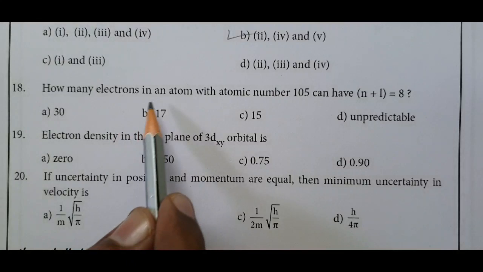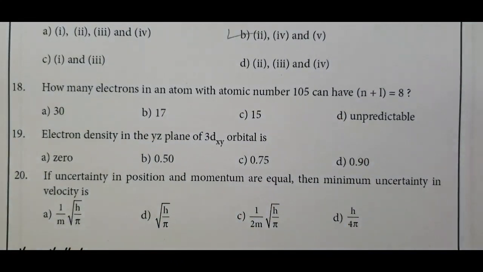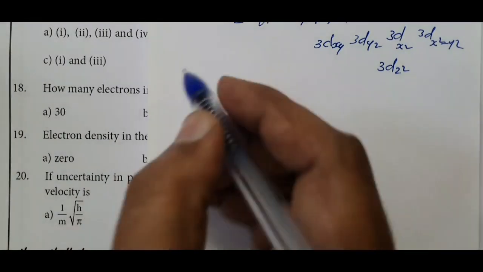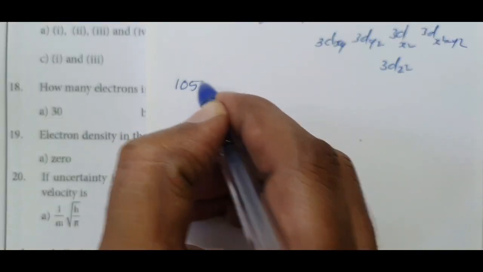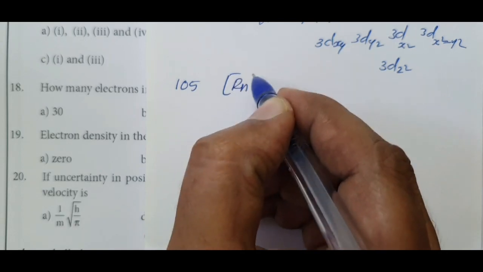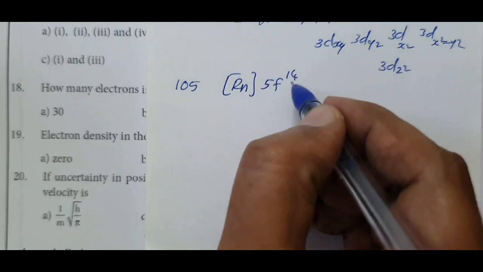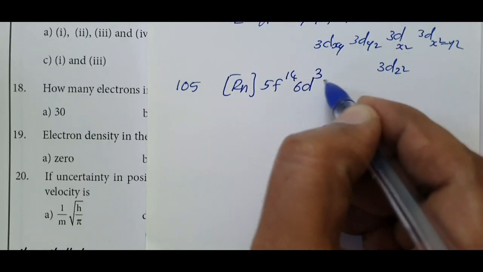How many electrons in an atom with atomic number 105 can have n plus L equal to 8 value? Atomic number 105, the electronic configuration is radon core, 5f14, 6d3 and 7s2.